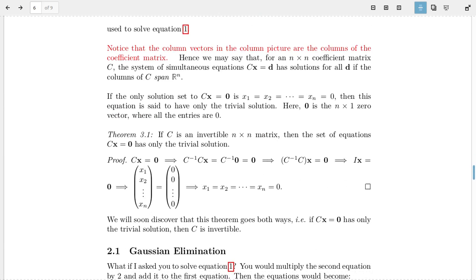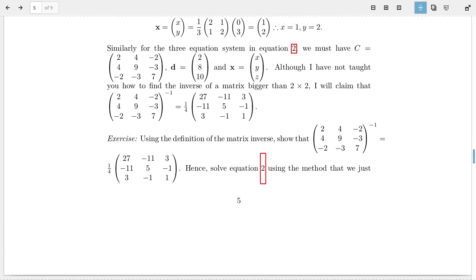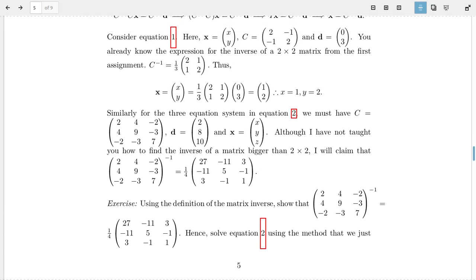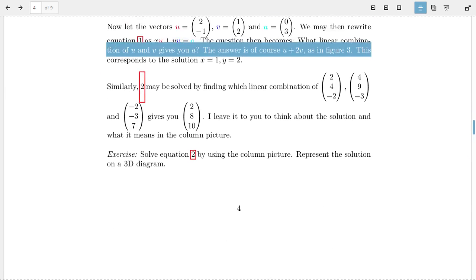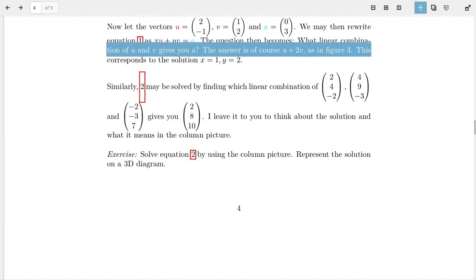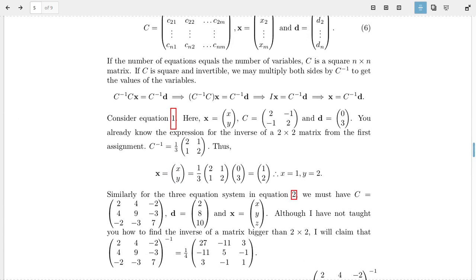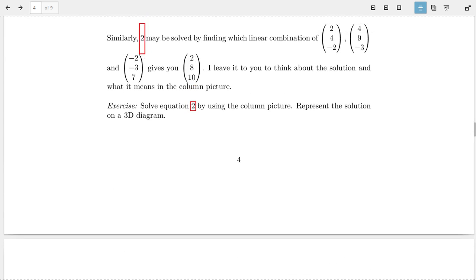So notice in the column picture, for example, for the 3 by 3 matrix, what are the vectors in the column picture? 2, 4, minus 2; 4, 9, minus 3; and minus 2, minus 3, 7.